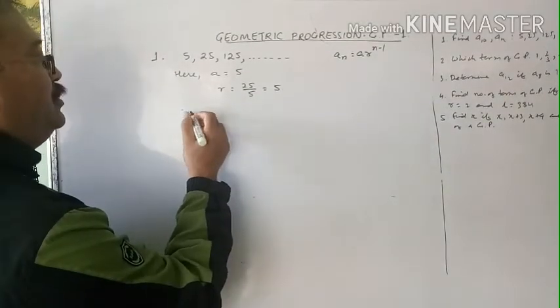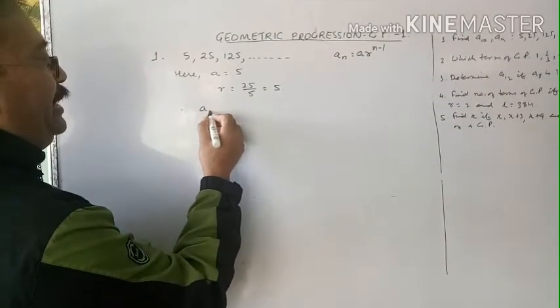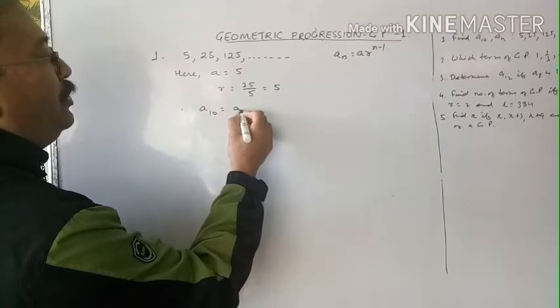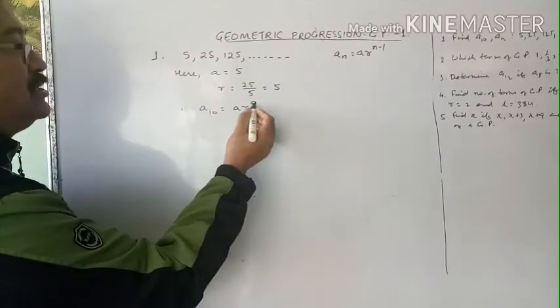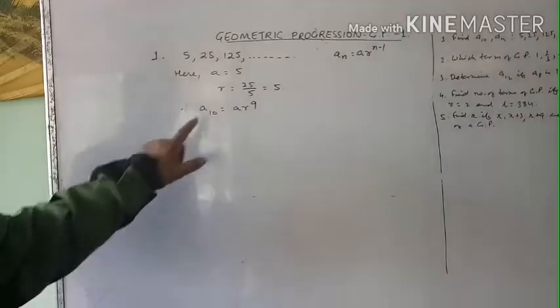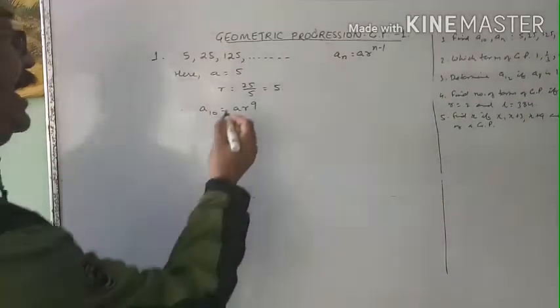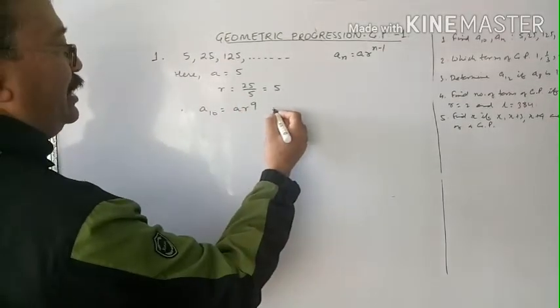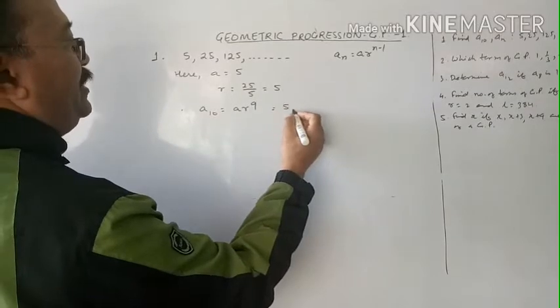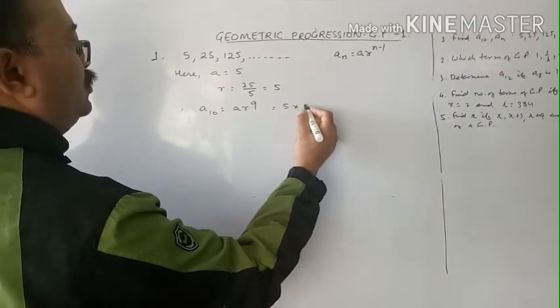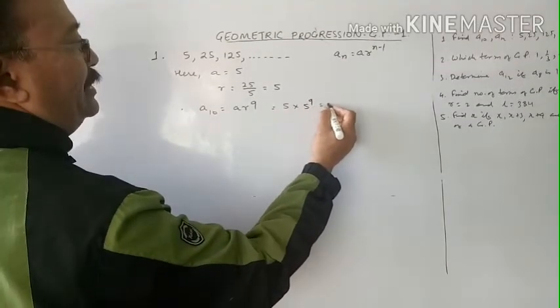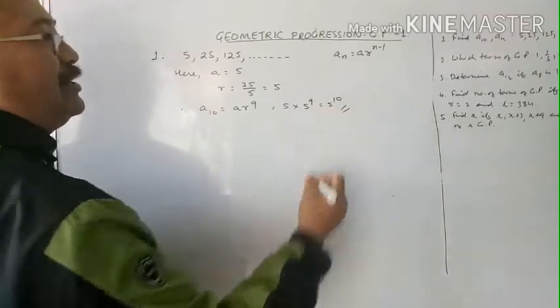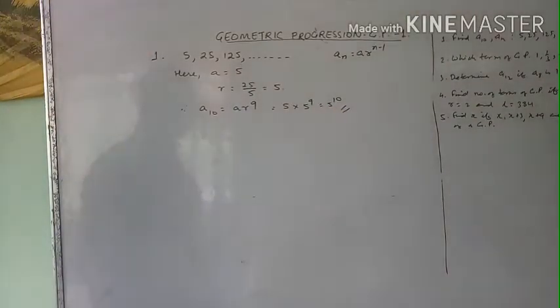So that is 5. Now we have to find the 10th term. So the 10th term, A10, is equal to A r to the power 9, because the power of r is 1 less than the number of terms. Here A r to the power 9, so that is A is 5 into r is also 5 to the power 9. That is 5 to the power 10. You can write it in exponential form.